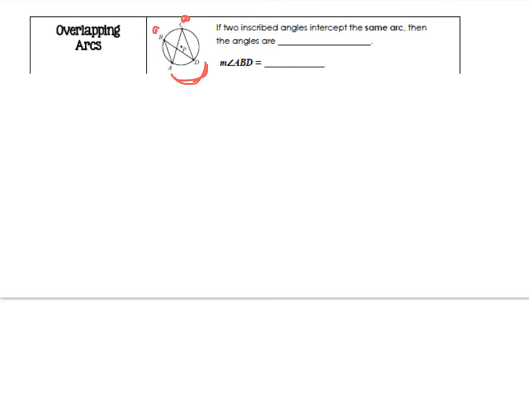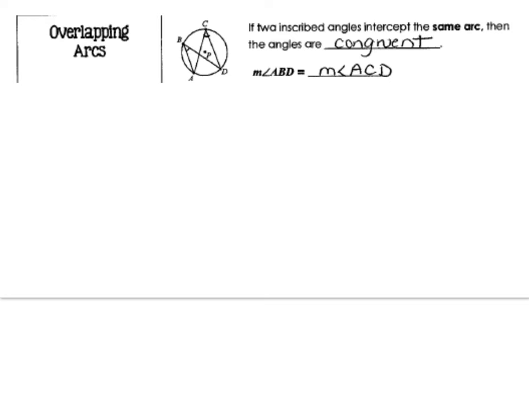So what do you think it is? There you have it. The angles are congruent. So the measure of angle ACD is equal to the measure of angle ABD. If the angles are the same, the arcs are the same, and so we use the same formula.